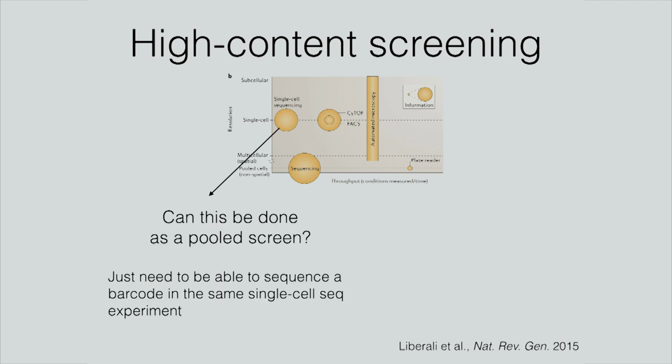So this is also a review about high content screening, and one question is, can single cell screening, where you get a full expression profile from single cell sequencing, be done as a pooled screen? I think this will be a relatively easy step in adding to the content of screens.